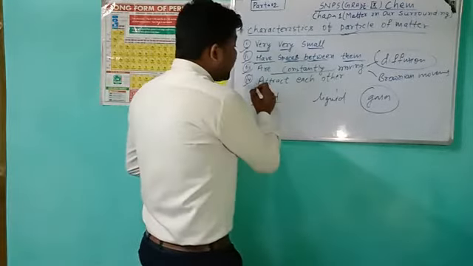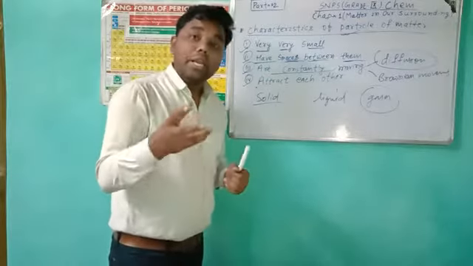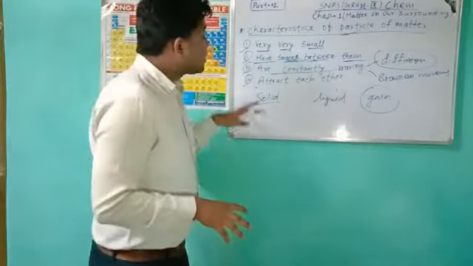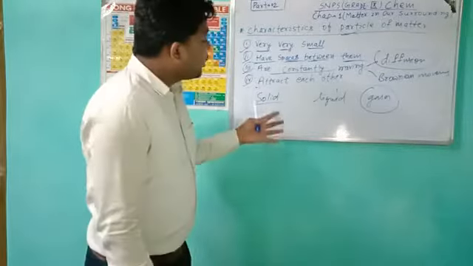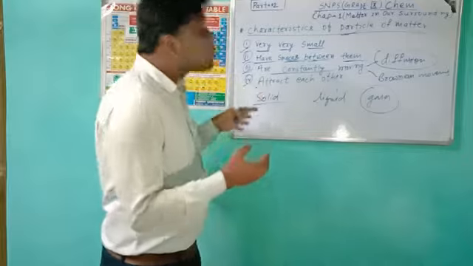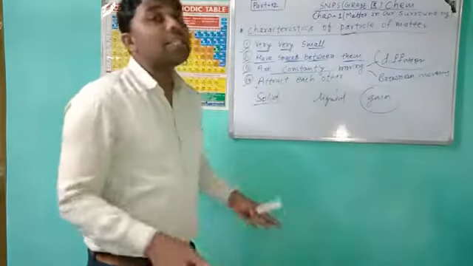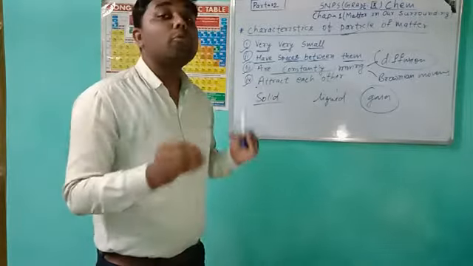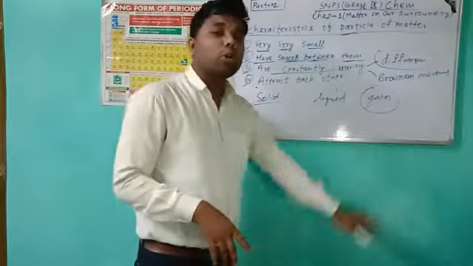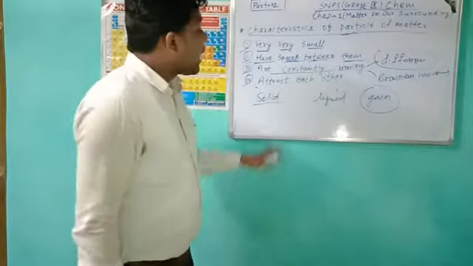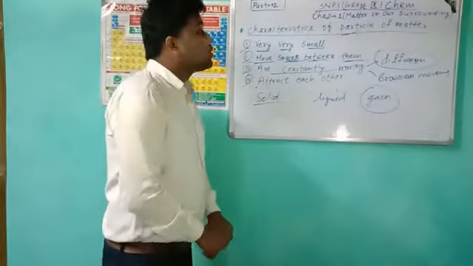So the particles of matter attract each other, but it depends upon the state of matter. In solids it is very strong, in liquids a little weaker than solid, and in gases the weakest intermolecular forces are present, so the attraction between the molecules is much lesser than in all other states of matter. So this is all about this lecture.